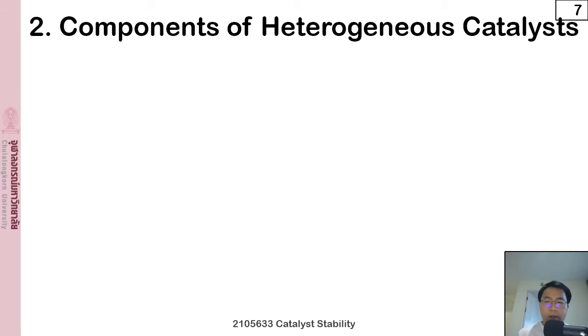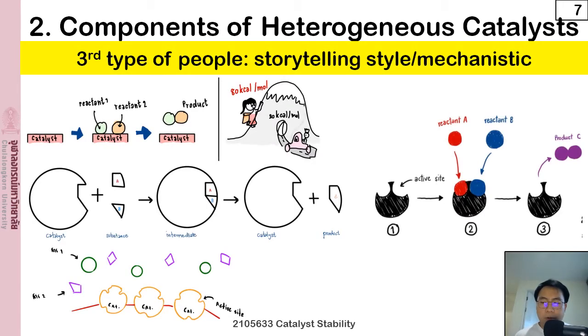Next, the third type of people. As you can see, now they try to represent the catalyst as a story or the mechanism of what happened on the surface.